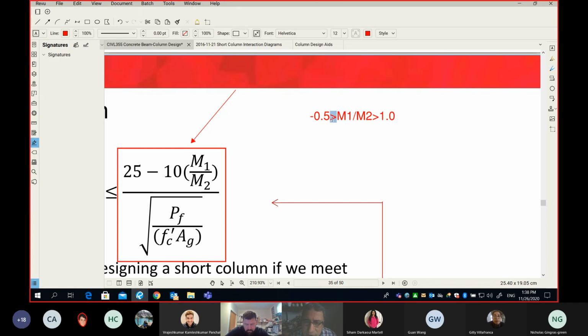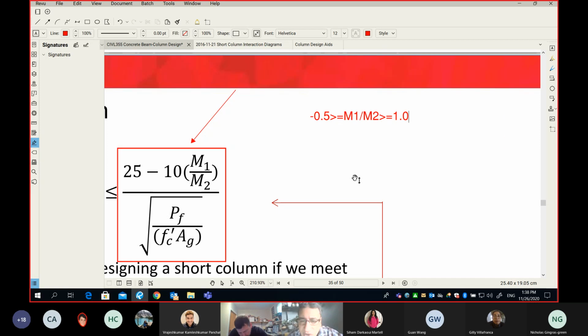I don't have the tool here to write more-or-equal, so please think of this one as greater than or equal, and M1/M2 should be less than or equal to 1. So M1/M2 has a range. It goes from minus 0.5 to 1.